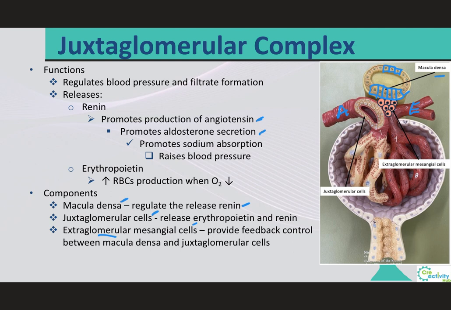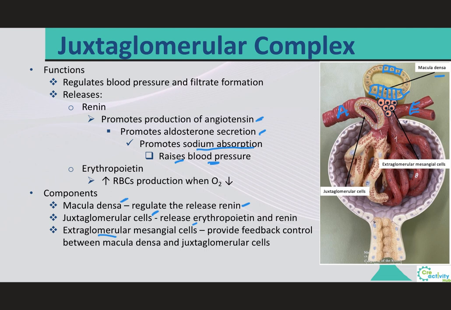It has a function in regulation of the sodium ion concentration to control and regulate the blood pressure. Therefore, if you have low blood pressure, aldosterone will promote the absorption of sodium, and this will raise the blood pressure, because where sodium goes, water follows, and this increases blood pressure.